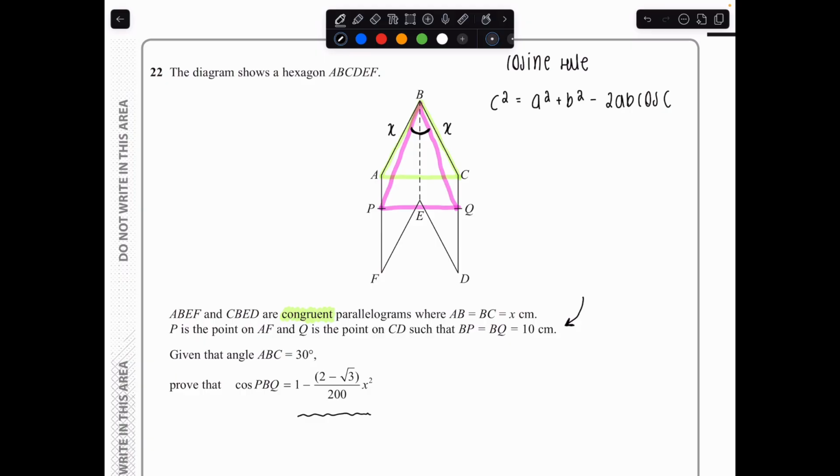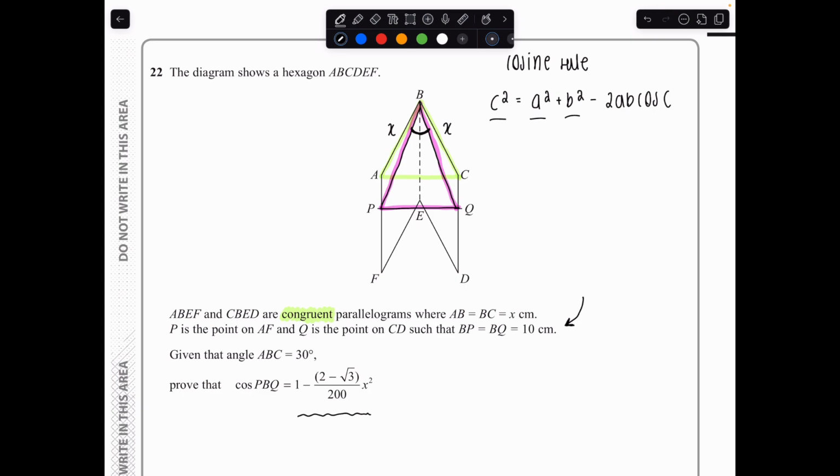Now, in this case, our angle C is going to be the angle PBQ. But then when it comes to our triangle, what are A, B, and C going to be? In this case, A is going to be the side PB, B is going to be the side BQ, and then C is going to be the side PQ.